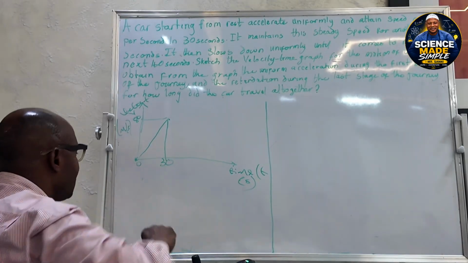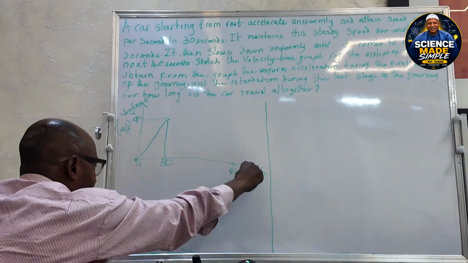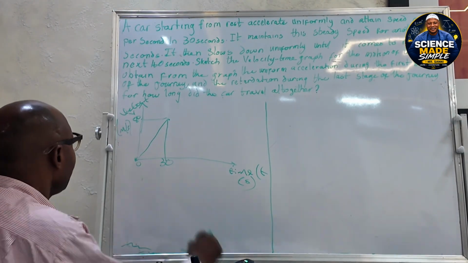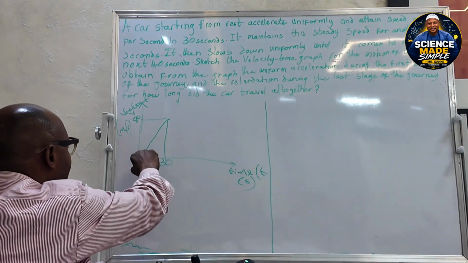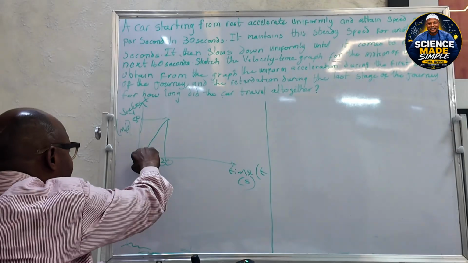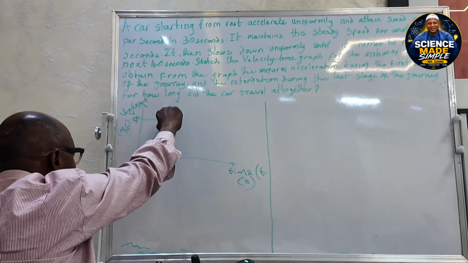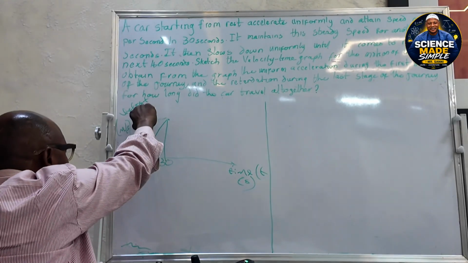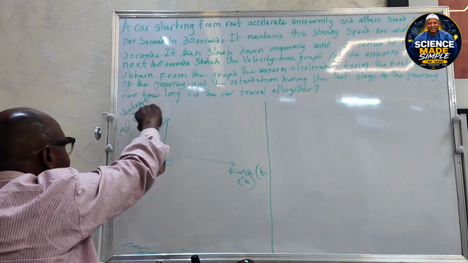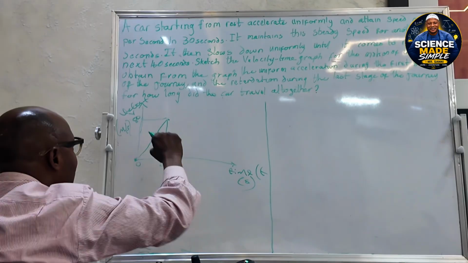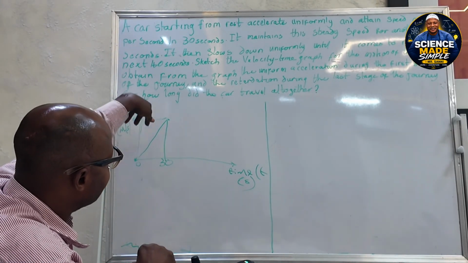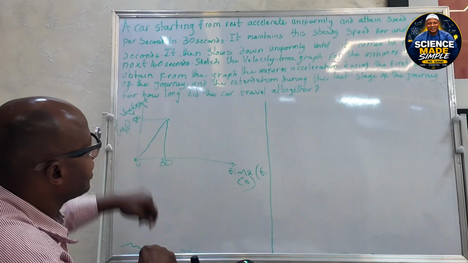So a car starting from rest accelerates uniformly like this and attains a speed of 80 meters per second in 30 seconds. That is the graphical representation of the first statement.